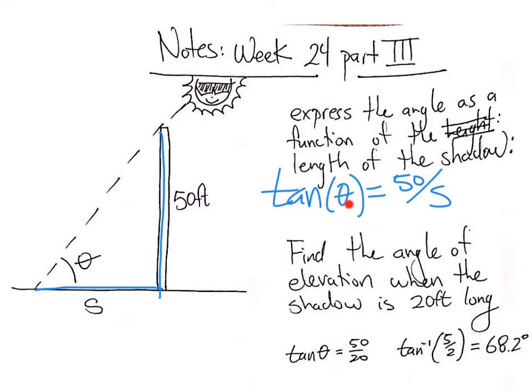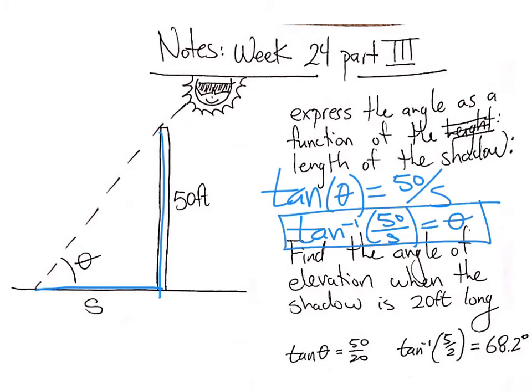So we need to get theta all by itself. We're going to do that by taking the inverse tangent of both sides. So we can say the inverse tangent of 50 over s equals theta. And this would be our equation that gives us the angle of elevation in terms of s, which is what we could plug in, and that is the length of the shadow.